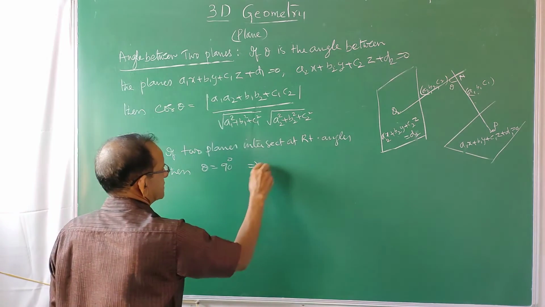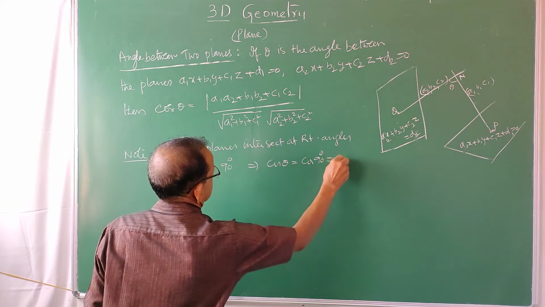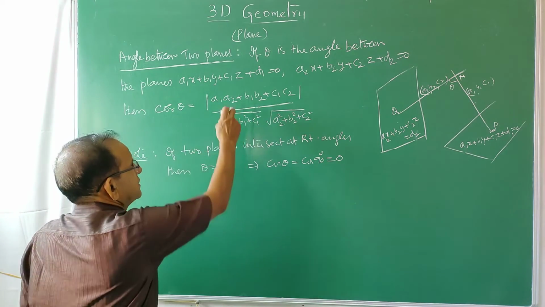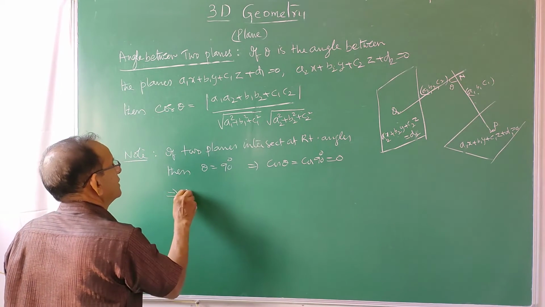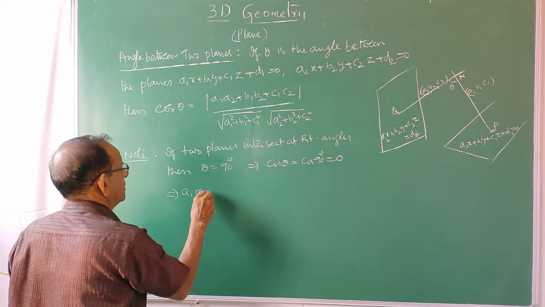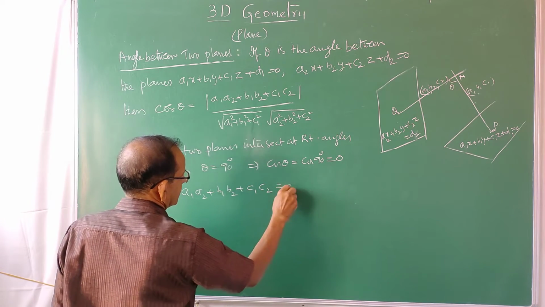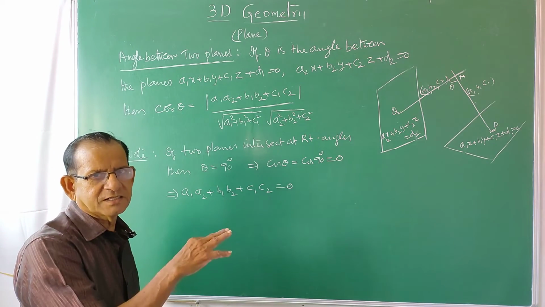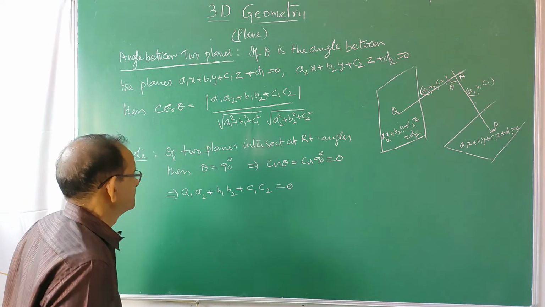That implies cos theta is equal to cos 90, that is equal to 0. So this value must be 0. If this is 0, the numerator must be 0. That implies a1 a2 plus b1 b2 plus c1 c2 is equal to 0 whenever the two planes intersect orthogonally. At right angles means orthogonally also.